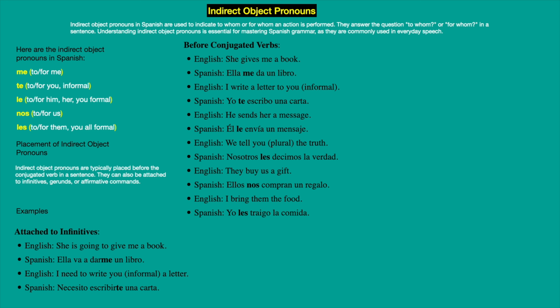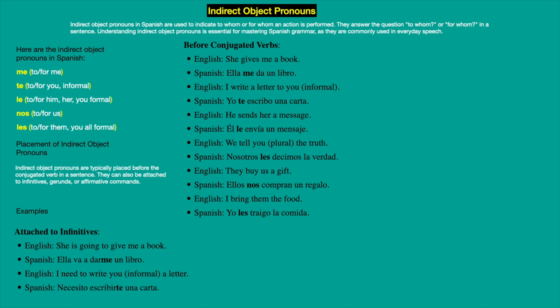Me da un libro. For example, when you go on vacation and you are in a hotel and you say, me da una cerveza. So who? This person. Me da una cerveza. To me, right? Ella me da un libro. Me da un libro.